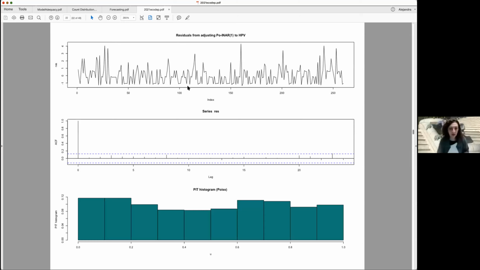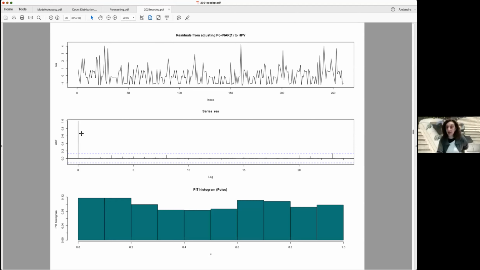Let's go back to the slide. How do I go back? Here. Okay, so what we have here are the Pearson residuals, which look sloppy, but might not have variance 1. The variance looks a little bigger.